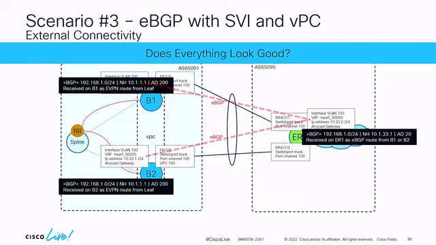That's correct. Okay, so I think the statement is, if I don't use an Anycast gateway but an individual SVI with an individual IP address, can I make it work? Absolutely. Yes, you could.